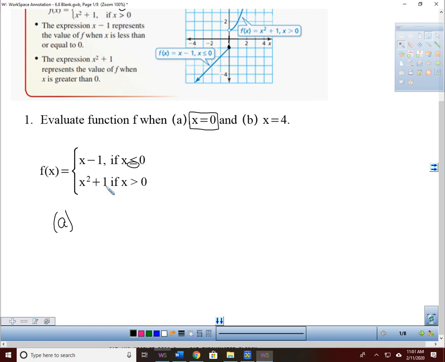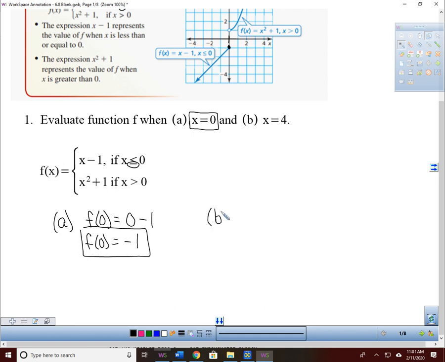I know that x squared plus 1 is my function if x is greater than 0. So since I'm looking for when x is 0, well, that is only if x is less than or equal to 0. So I'm going to use this equation. So I say f of 0 is equal to, and then I'm going to plug into this piece right here, 0 minus 1.